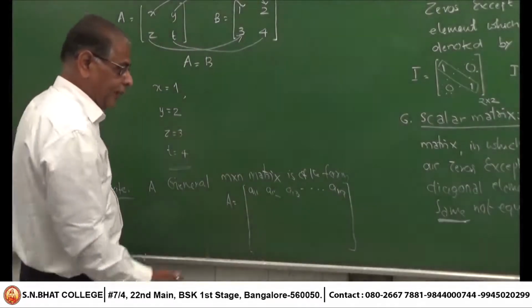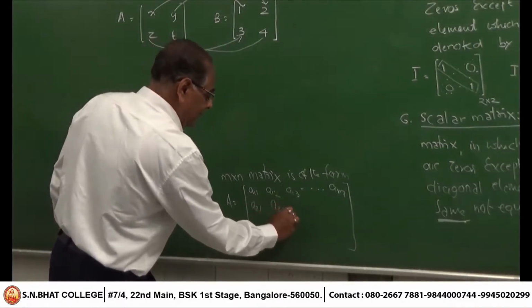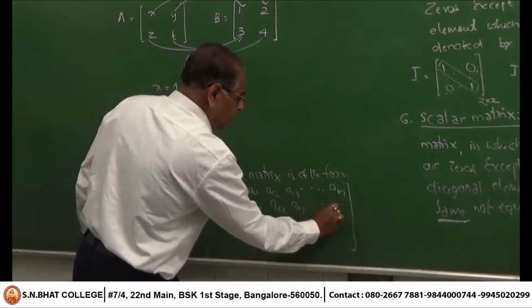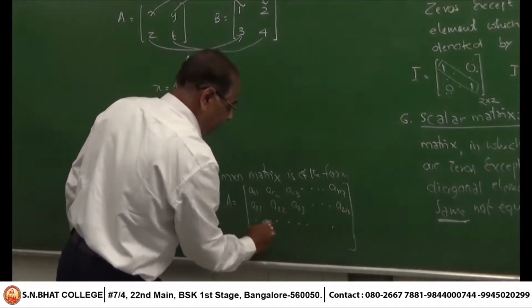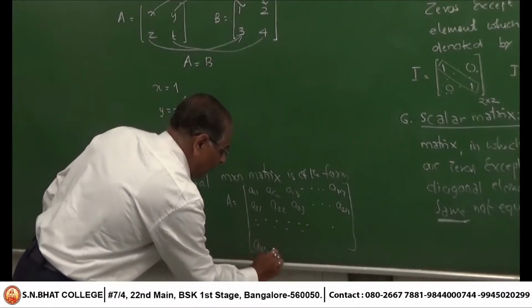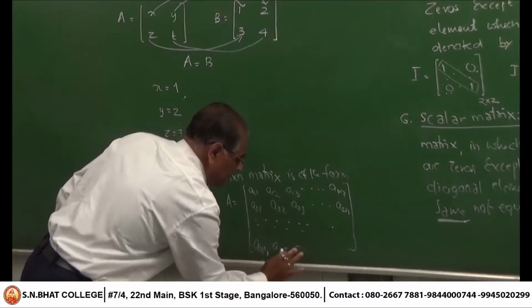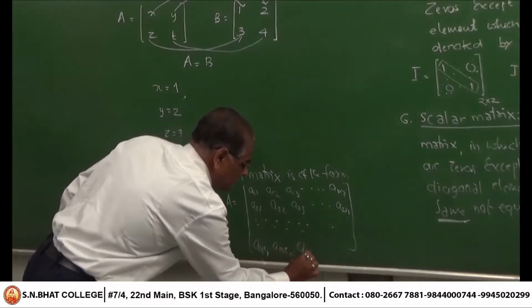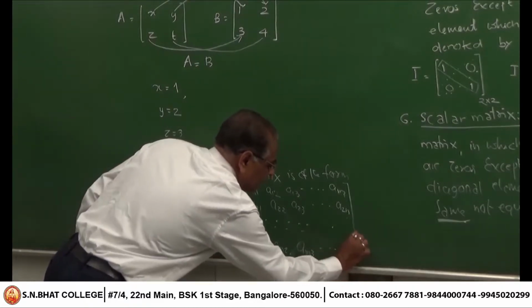Second row is A21, A22, A23, etc., A2n. Then third row, fourth row, and the last one is the Mth row: AM1, AM2, AM3, and the last element is AMN.